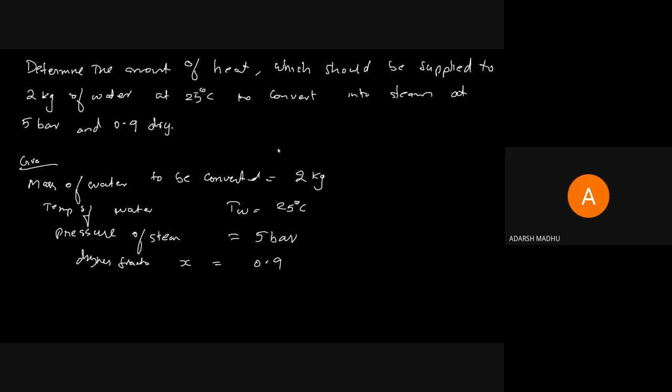Here the pressure of the steam is given as 5 bar, so take your steam table at 5 bar pressure. The readings are VF, VFG, VG, SF, SFG, HF, etc.